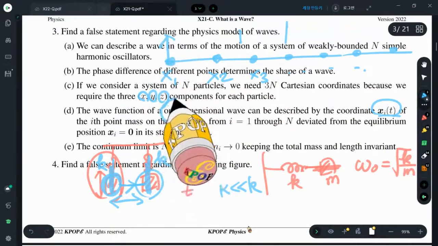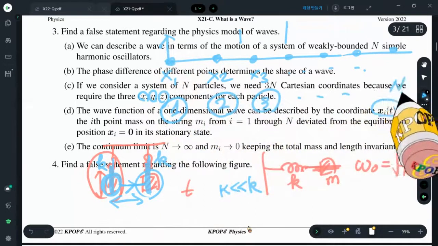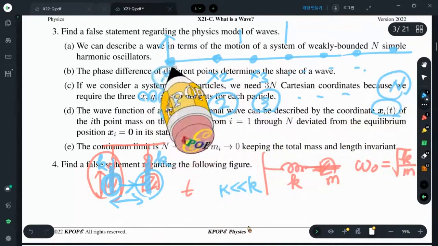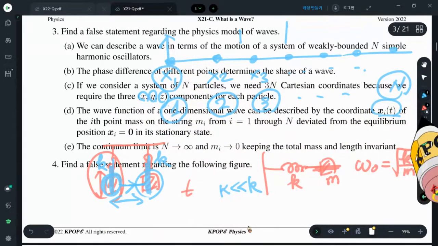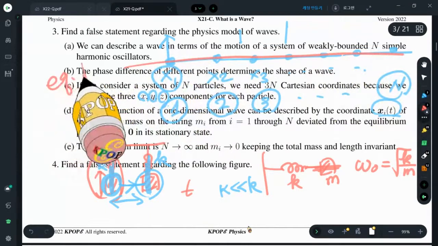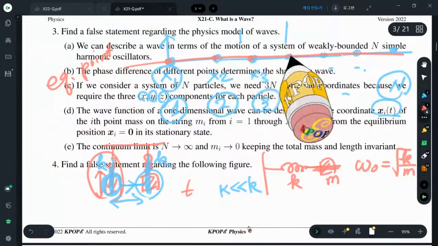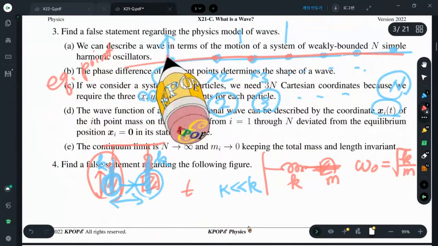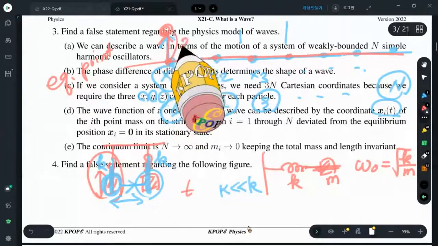For example, identify particles 1, 2, 3, and n, and we allocate coordinate x1 that is the deviation from the equilibrium point of each oscillator. It has been deviated from the equilibrium position.